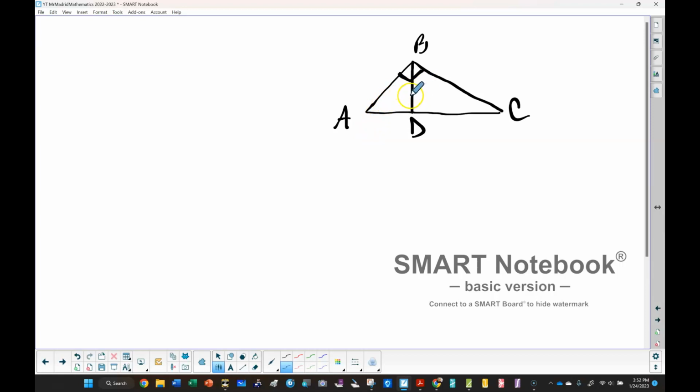So all the properties we talked about last time, setting up the proportions, still apply. The angles will match up. Corresponding angles will be congruent. So a lot of information will be available to you.